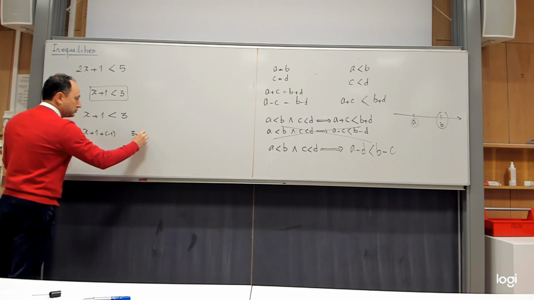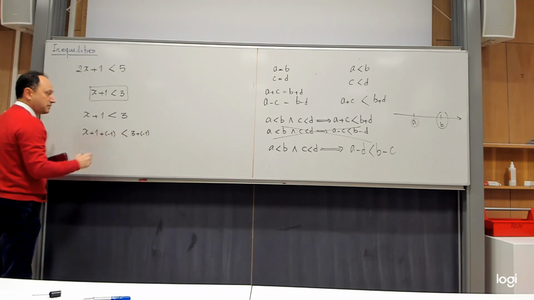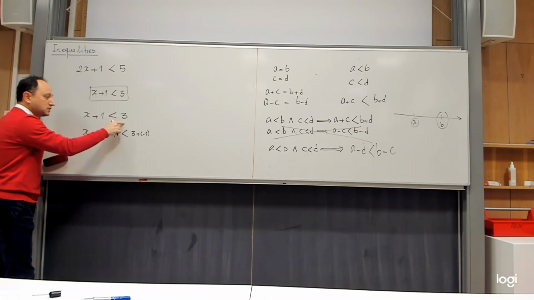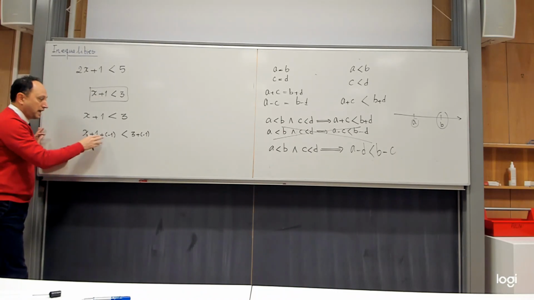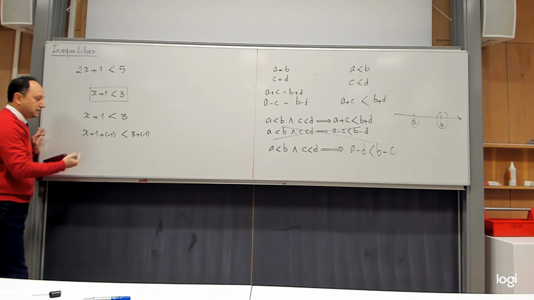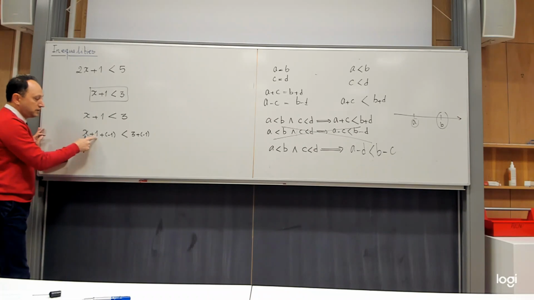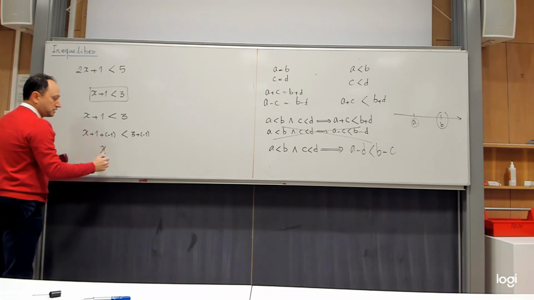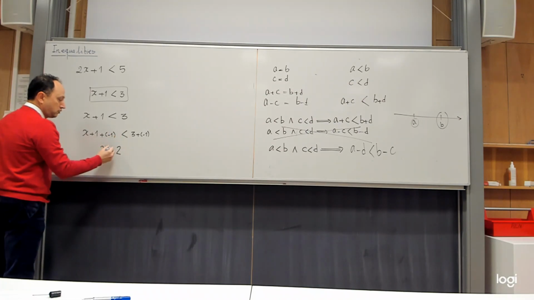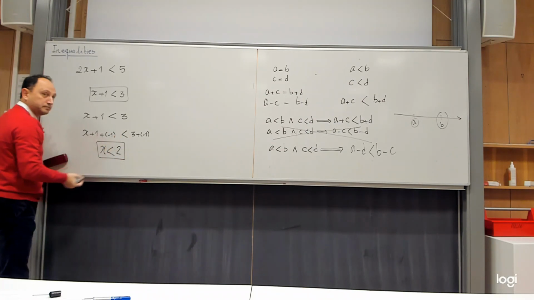Am I allowed to do this? Yes, we discussed that. If this is less than that one, I can add the same number to both sides. So I added -1 to both sides, and I get rid of this one that I don't need. Then 3 plus -1 becomes 2, and that is your solution.